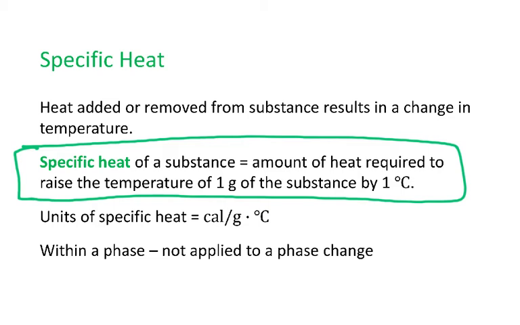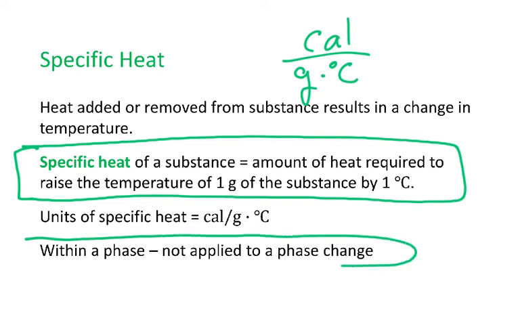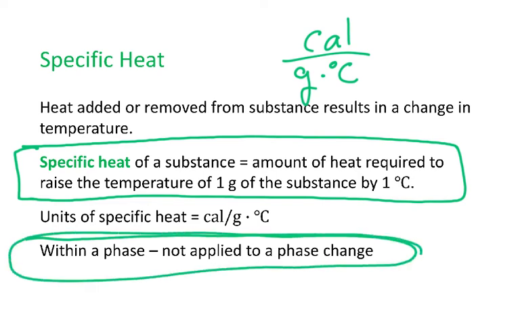So remember, before, when there was no phase change, we had calories per gram, right? But now we want to know the calories needed per gram of substance to change the temperature by 1 degree Celsius. So that's the unit. It's kind of a complicated unit, but it's calories per gram degree C. That's how we say it. And this is the curve lines, or the linear slope lines within a phase.